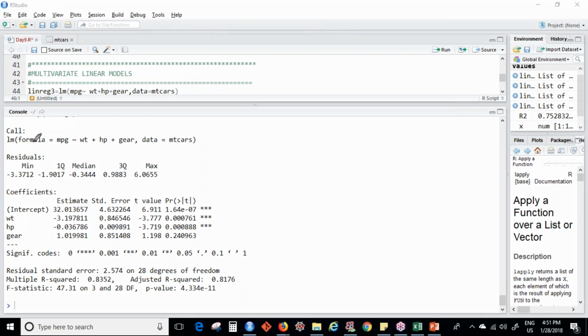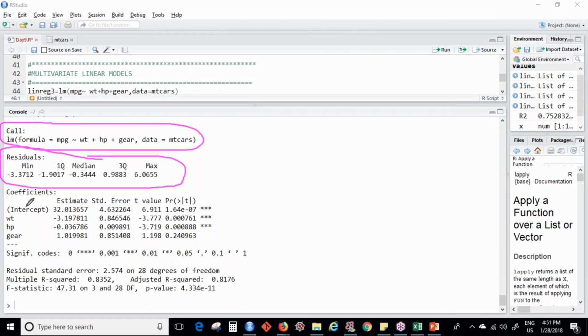The first thing is still the same, no difference here. Same formula it is giving me, same residuals it is giving me. Now come to coefficients. I have this beta naught, 32. My beta corresponding to weight is minus 3.19. My beta corresponding to horsepower is this, and my beta corresponding to gear is this.